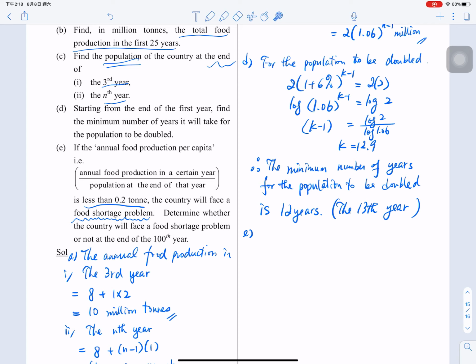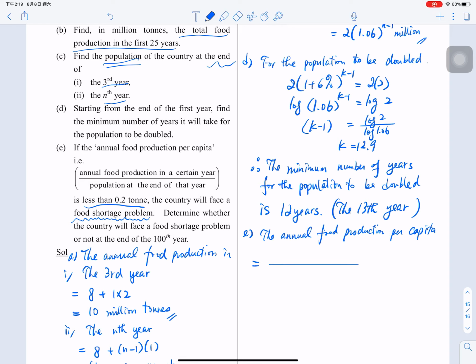Determine whether the country will face a food shortage problem or not at the end of the 100th year. So just make sure you solve the formula. So the annual fruit production per capita, right?